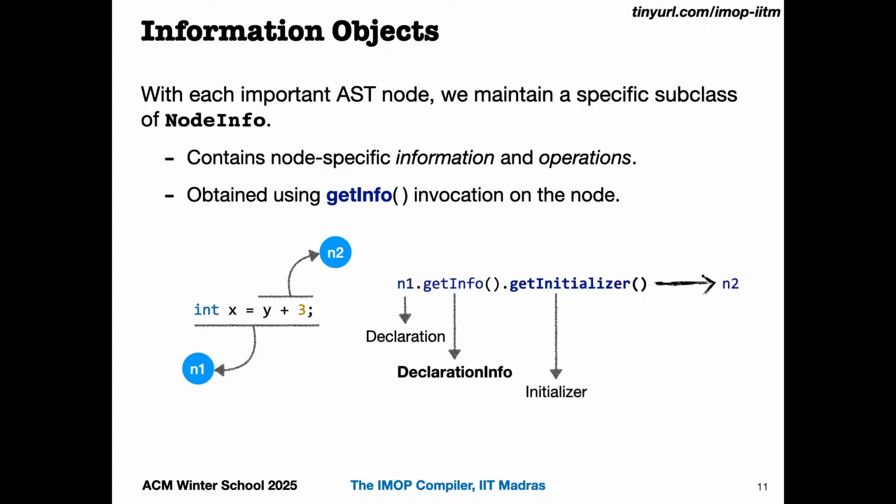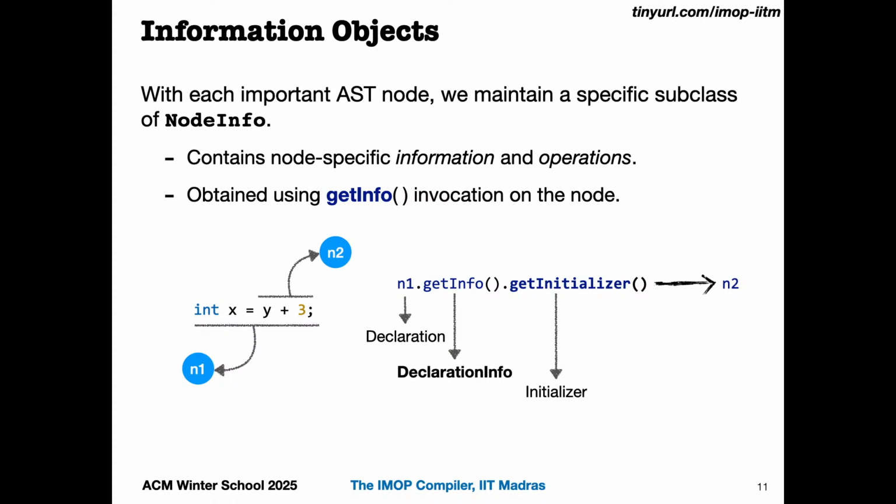So what happens? N1 is a declaration. If you do N1.getInfo, it is giving it. This one will have information about N1, and there is a method called getInitializer. It will give you N2. Do you see what I am saying?